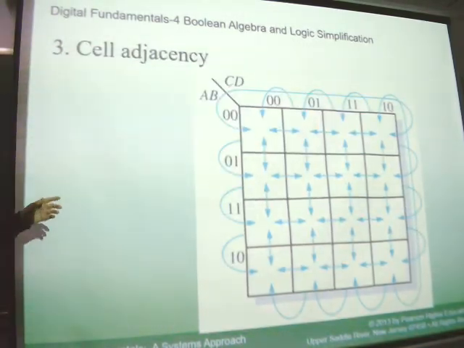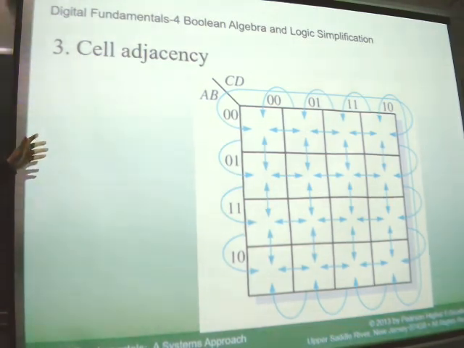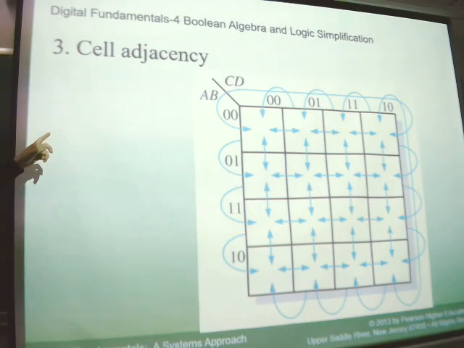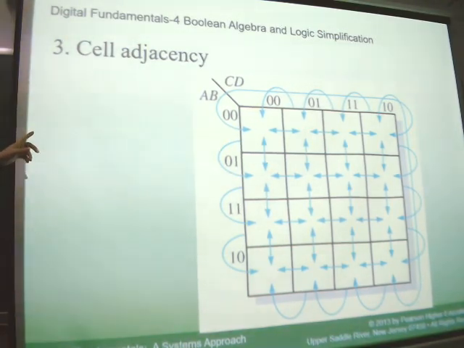And then, a very important concept: adjacency. Cell adjacency. What does this mean?